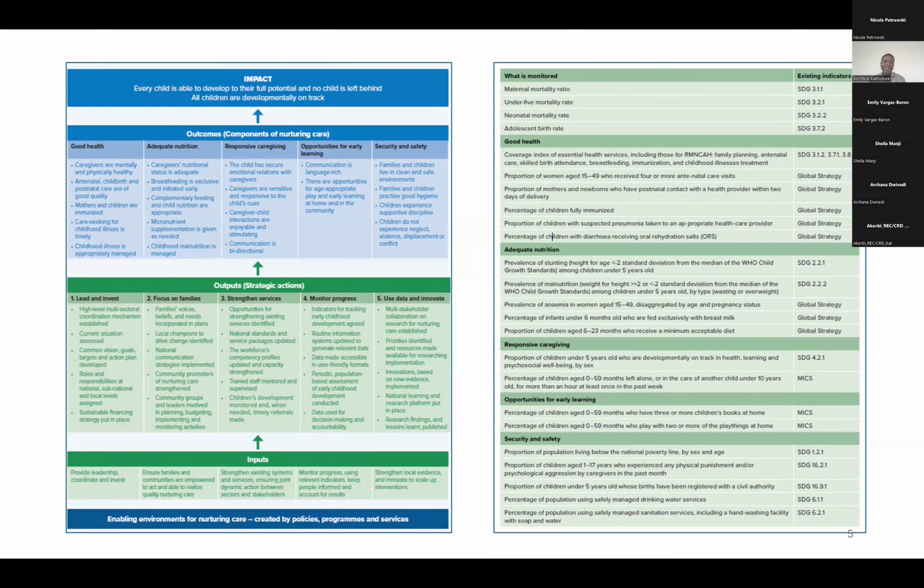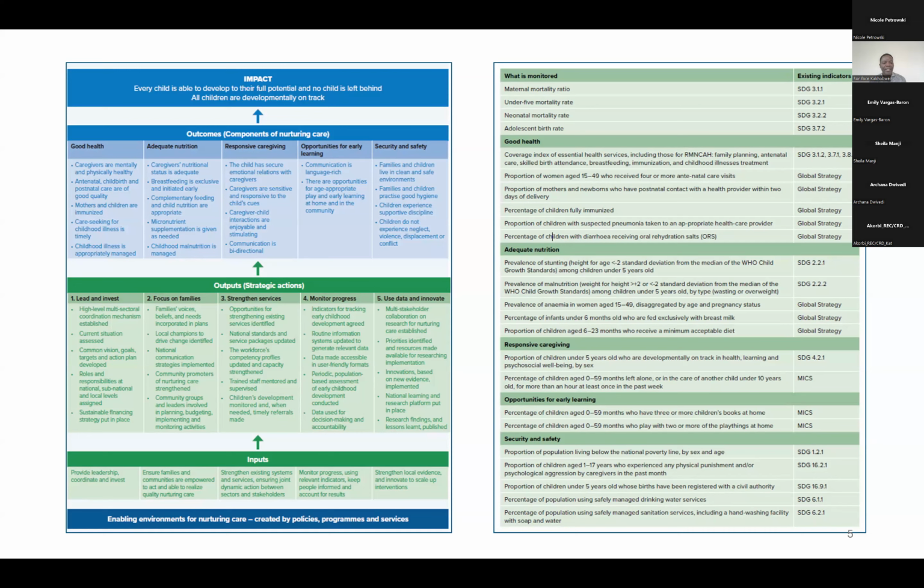But we picked those indicators to say that if we are to report in SDG reporting, and even at population level, for the data required in countries, these are the 24 indicators that were identified to help us report the SDGs. But as I indicated, I'm going to expand. Now we need the inputs, we need the outputs, we need the outcome, and we need the impact. So this is the framework that we have so that children are developmentally on track.